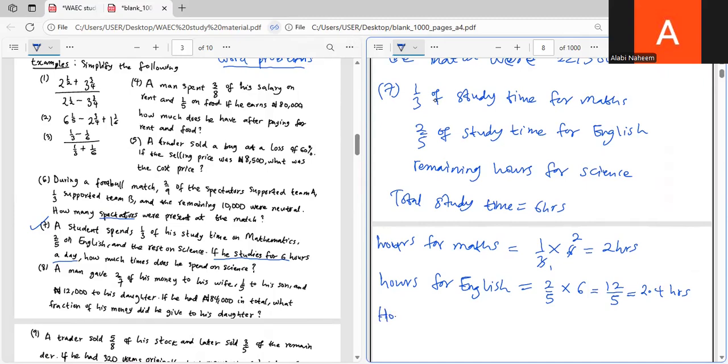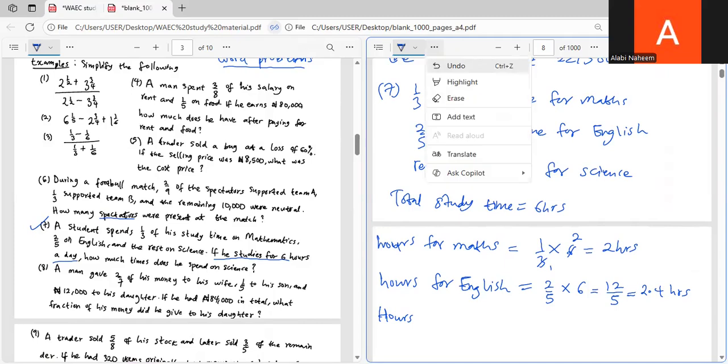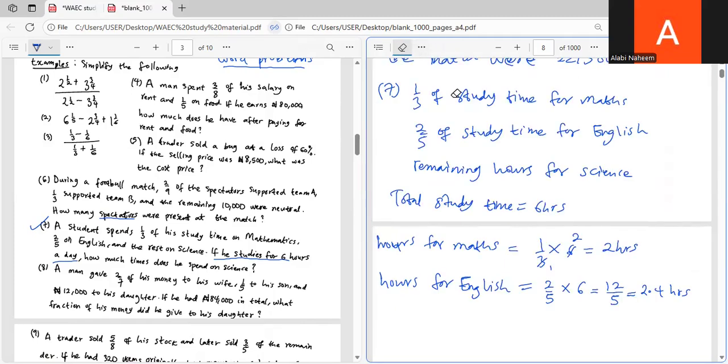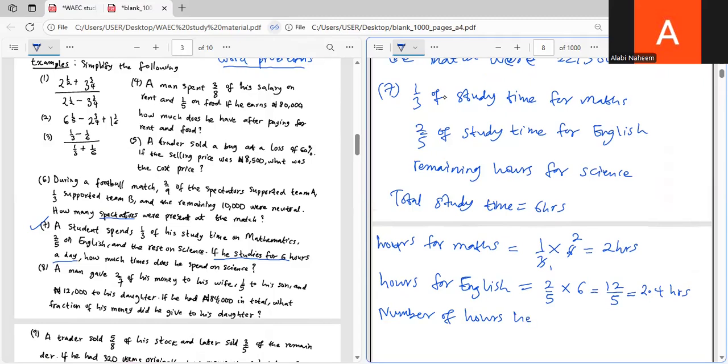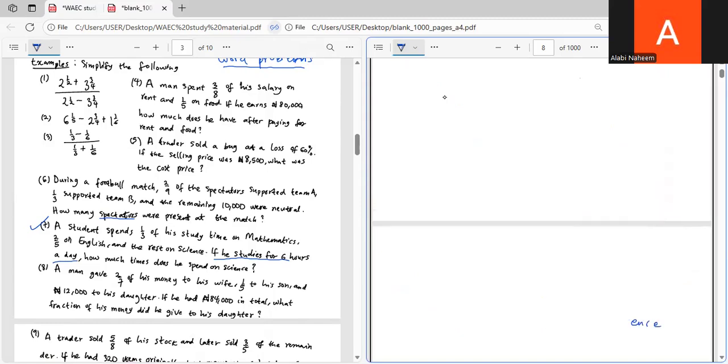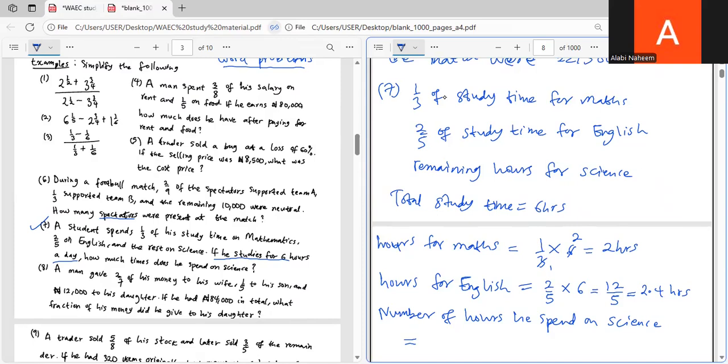So the number of hours spent on science equals the total study time, which is 6 hours, minus the hours for mathematics, which is 2 hours, minus the hours for English, which is 2.4 hours.